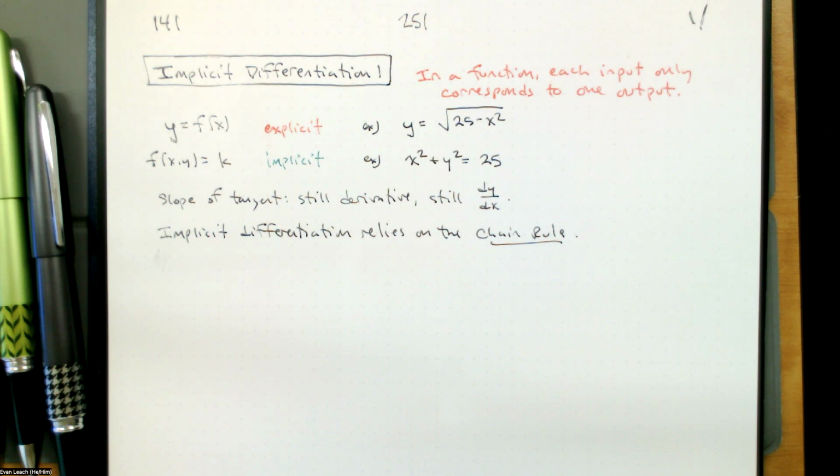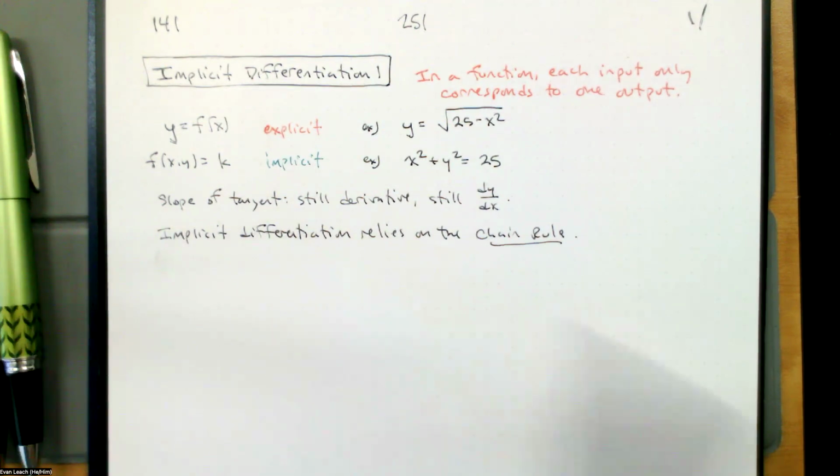This week is all about alternate descriptions of curves, so things other than just functions. So implicit differentiation is going to rely on the chain rule.